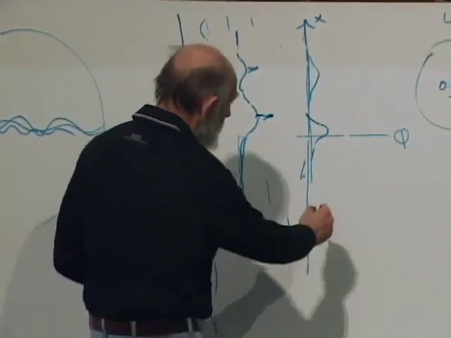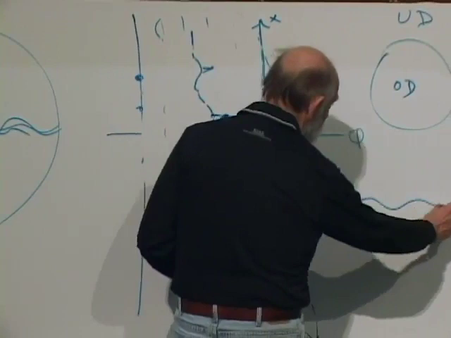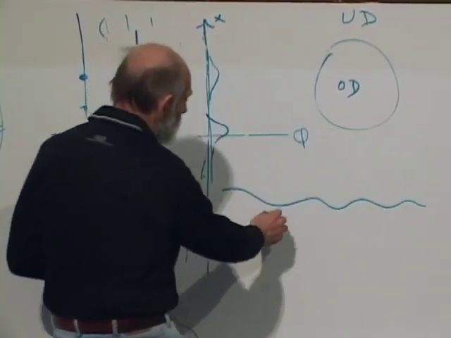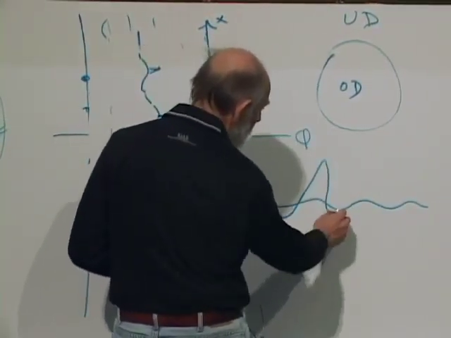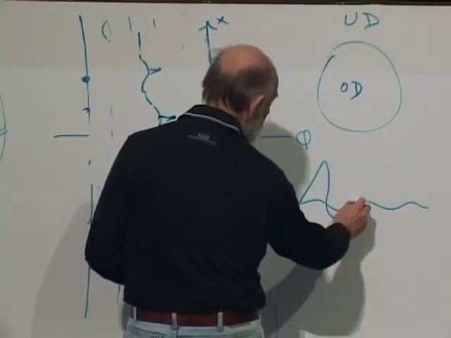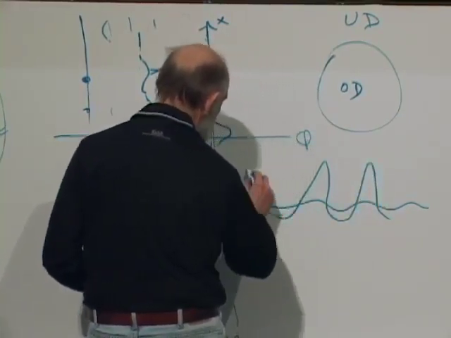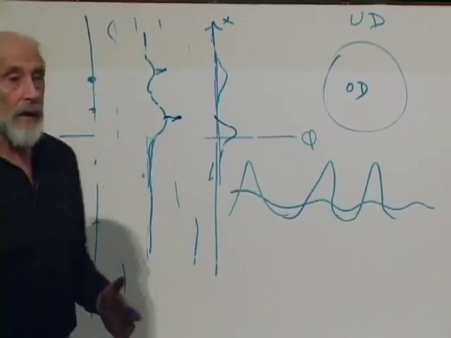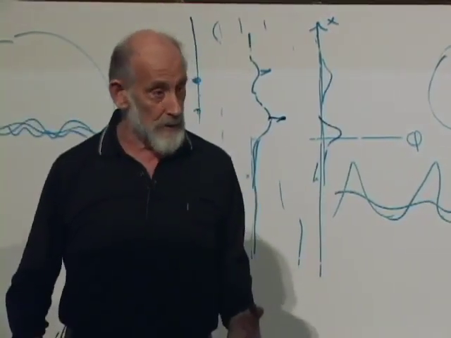So a very small fluctuation to begin with will gradually build up, depleting the underdense regions and increasing the overdense regions. And that's the origin of galaxies.